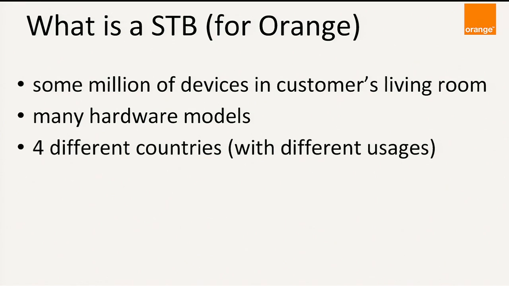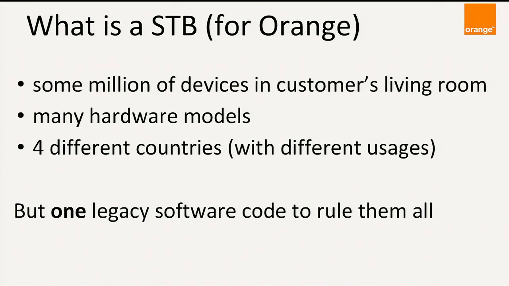Our solution is deployed in France, Poland, Spain, and Senegal. But to do that, we have just one code to manage all these different hardware configurations and country configurations. So I think we can call that fragmentation, just like in the Android context.